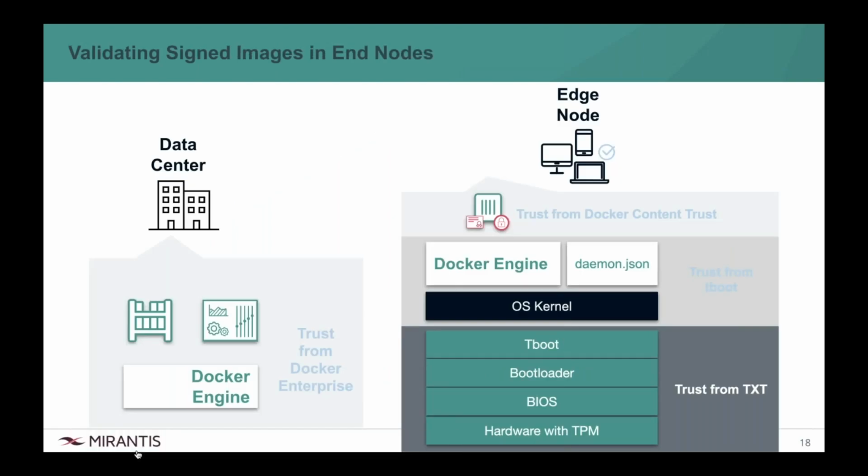Gotcha. Now, what you were asking about, how do we now ensure that the applications that are being sent to the end nodes are valid? For this, we'll go through an example with Docker Content Trust, which is a tool that I'm familiar with, that we use, where images which are signed in the registry can then be validated in the end device.